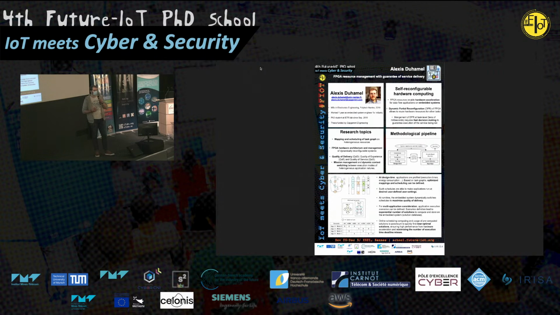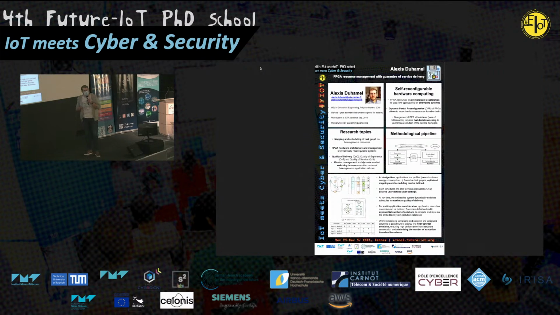And when the user tries to reach what he thinks is the highest maximal quality of delivery, the system autonomously changes mappings and the schedule, so which task is being executed on which resource, to try to find the best way to execute the application. So we have what we call scenarios, which is what kind of execution mode for which application we are trying to execute.